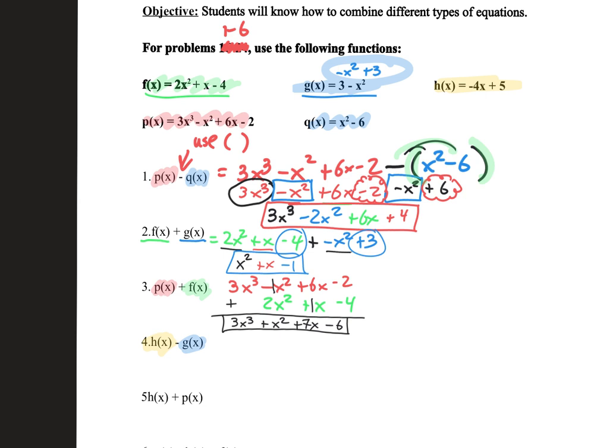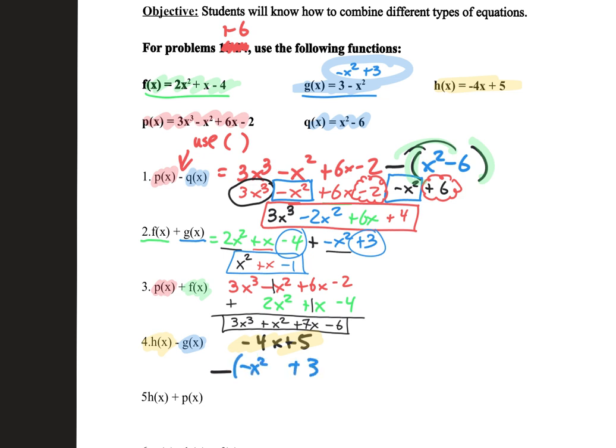So h of x is negative 4x plus 5, which I said I'd highlight in yellow. And then g of x, which I am subtracting, is negative, use parentheses still, negative x squared plus 3.